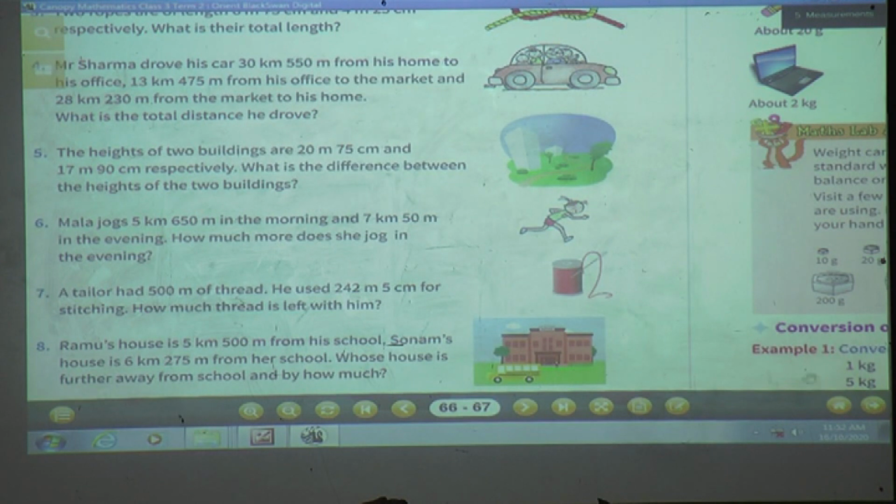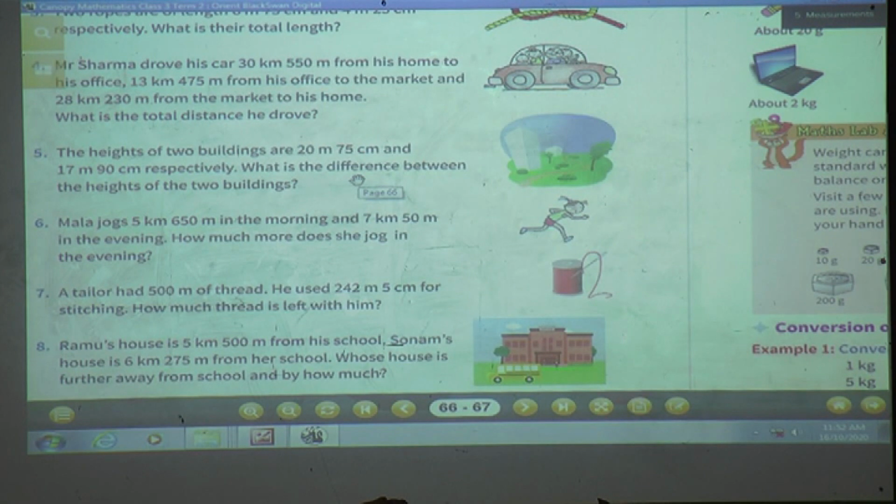And we have to find out the difference between the heights of the two buildings. Now the difference between the heights of the two buildings means here we have to do the subtraction. Correct.